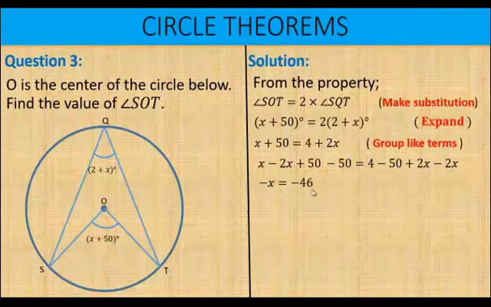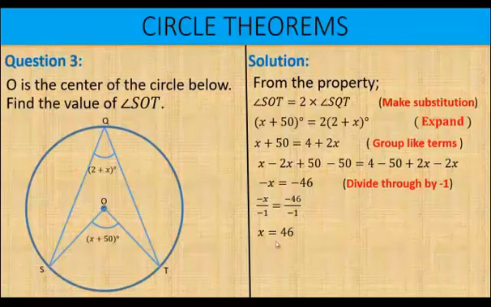And now we have the coefficient being negative 1. So if the coefficient of x is negative 1, we must divide both sides of the equation by negative 1, or we multiply both sides of the equation by negative 1. But here we decided to divide through by negative 1, and then we get x is equal to 46.